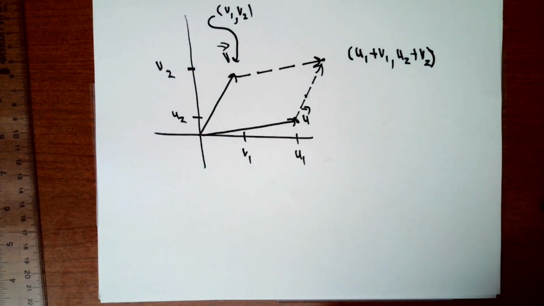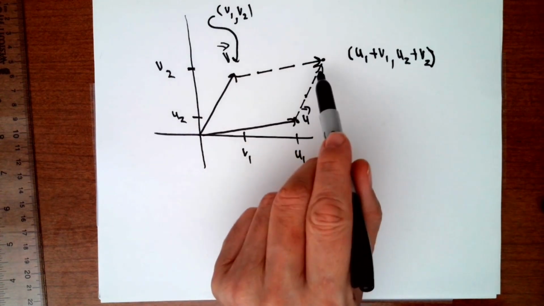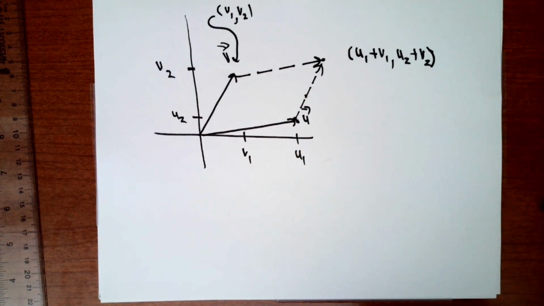Starting at v1, v2, as I travel from the beginning of this clone of u to its end, I have to increase the x-coordinate by u1 and the y-coordinate by u2. So if I went that route, my coordinates would look like this.